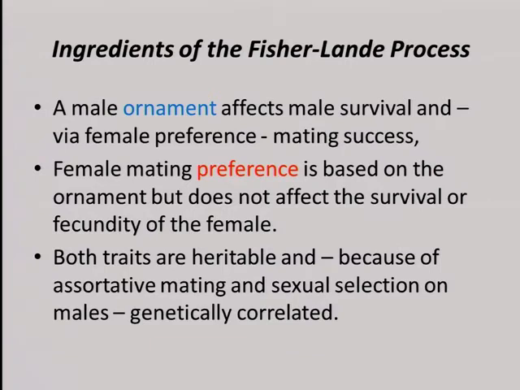We also imagine there's female mating preference, also with a sort of normal distribution based on the ornament. But it does not affect the survival or fecundity of the female. So if you think about that, that means that the preference is selectively neutral in this original Lande. We're going to relax that in a minute. If you're freaking out here, don't worry, we'll get rid of that.